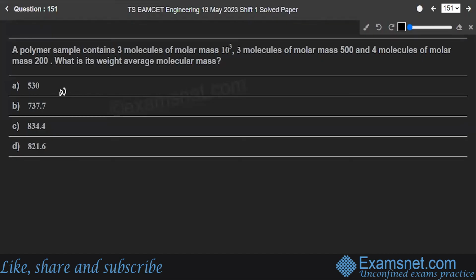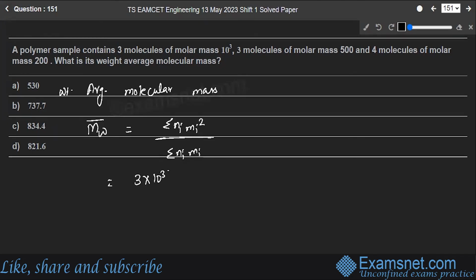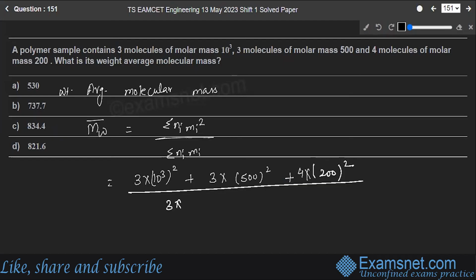So the weight average molecular mass is given by summation Ni Mi squared divided by summation Ni Mi, which is equal to 3 into 10 power 3 whole squared, 3 into 500 squared, 4 into 200 squared, whole thing divided by 3 into 10 power 3, 3 into 500, 4 into 200.